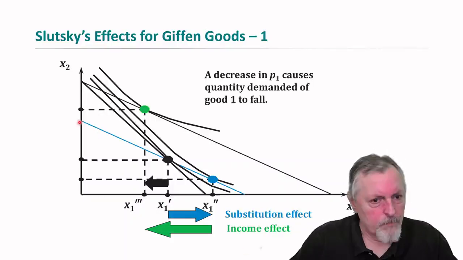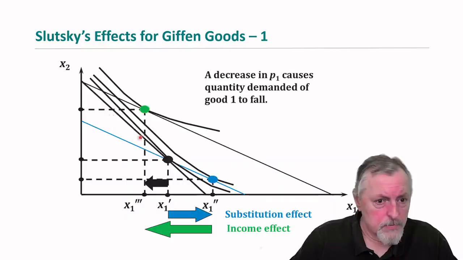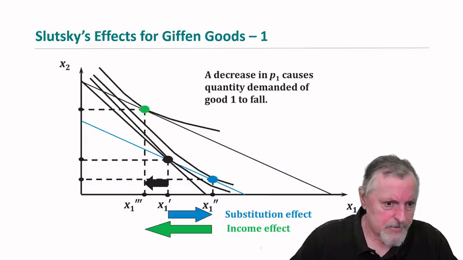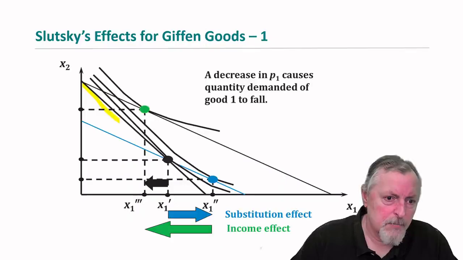Okay. You start on this budget line, the blue one. The price of thing one drops. You know what? I already got it wrong. Let's start over. Okay. You start out on this budget line.